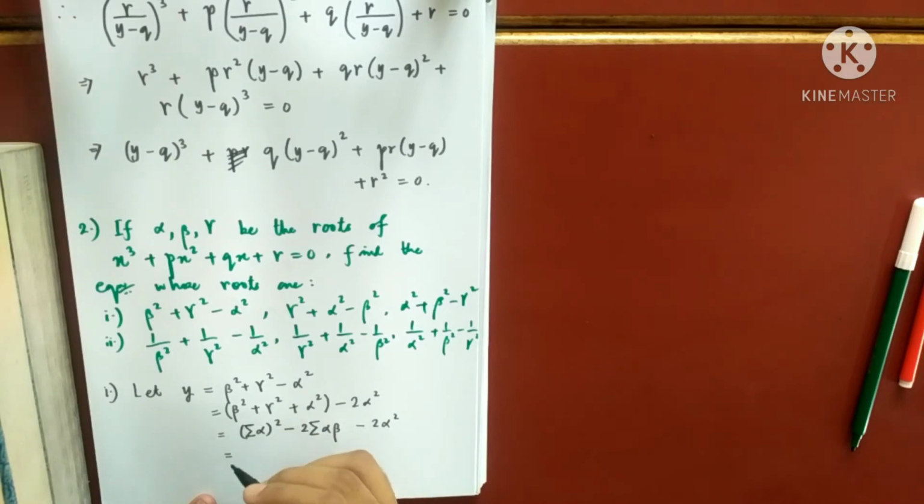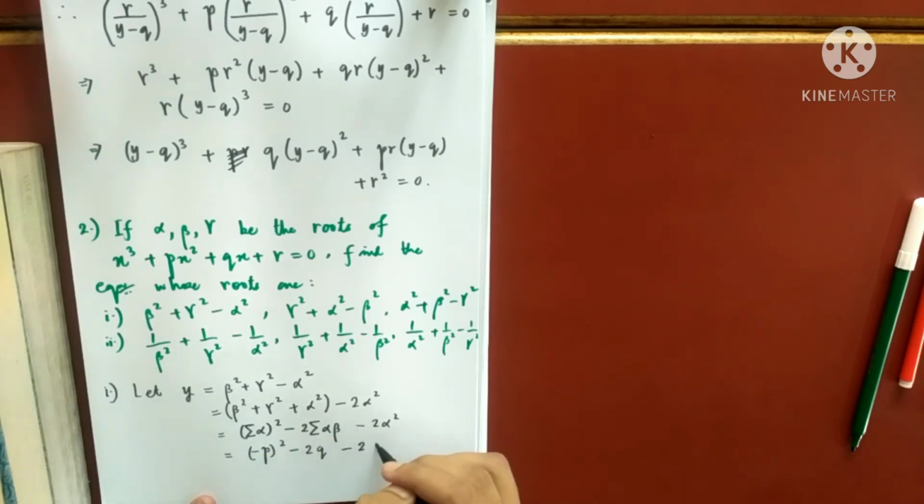I know the value of this. What is summation alpha? It is minus p. And what is summation alpha beta? It is q. So p square minus 2q minus 2 alpha square. This is the value of y. And you see, I have expressed y as a function of alpha only.